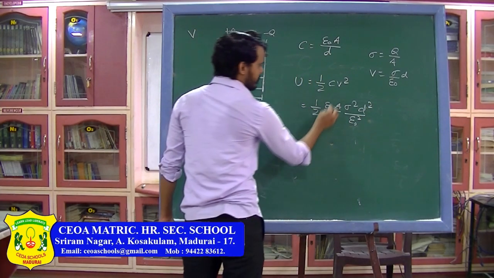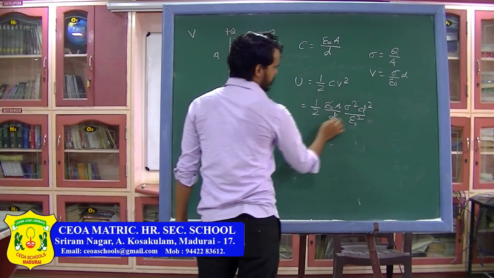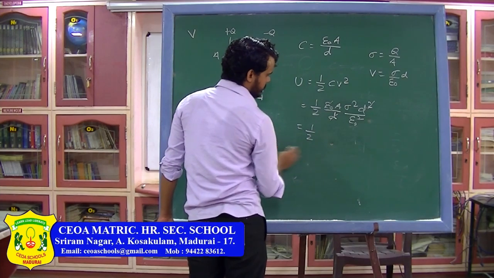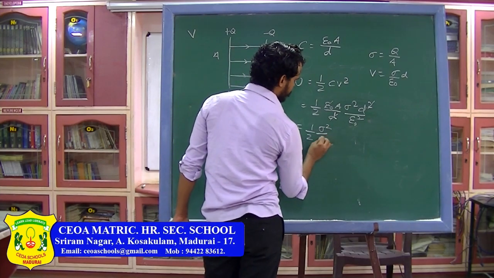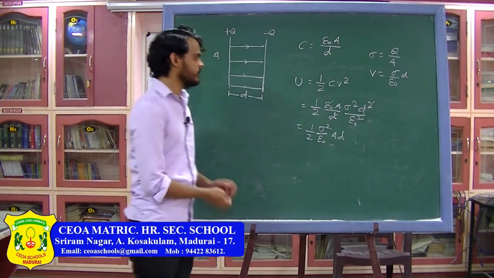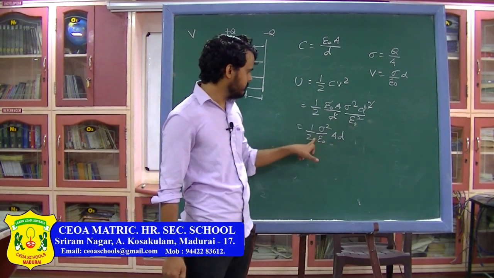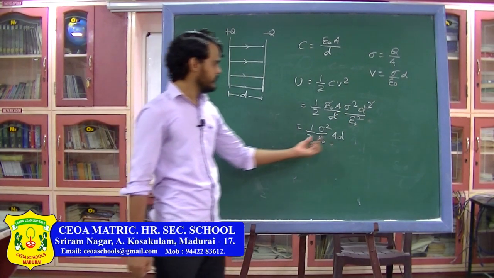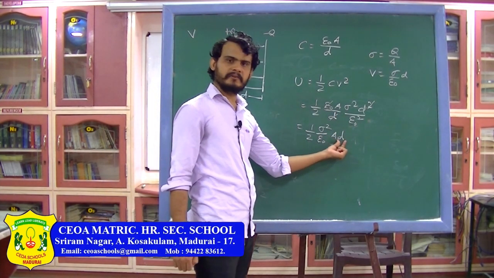From here epsilon naught will cancel out, D will cancel out, so you will get 1 by 2 into sigma square divided by epsilon naught into A into D. Now here this is area into distance between the plates.